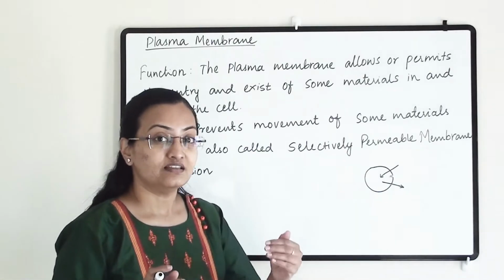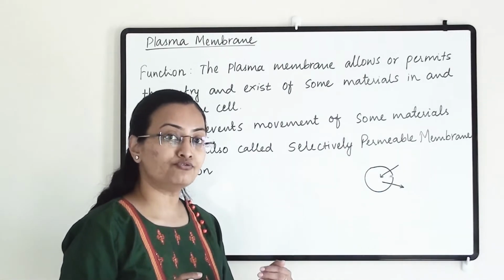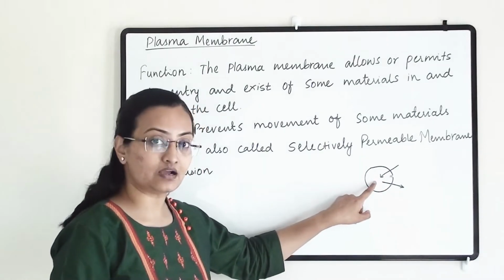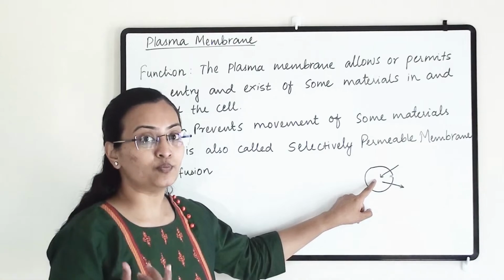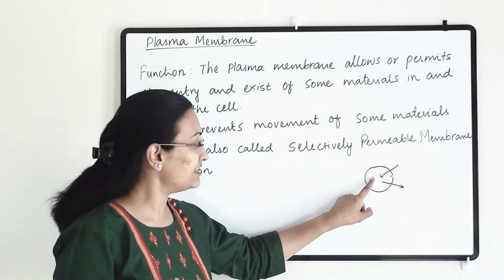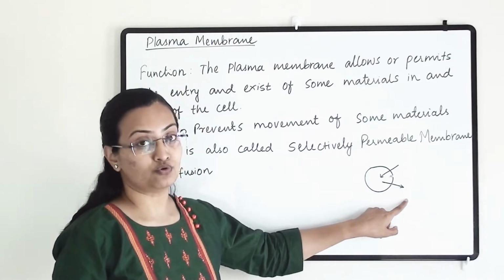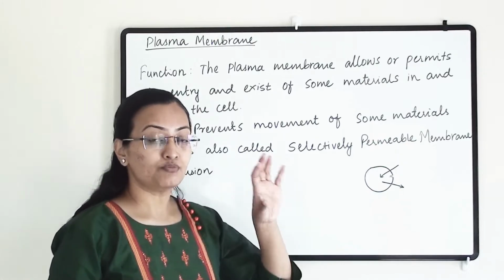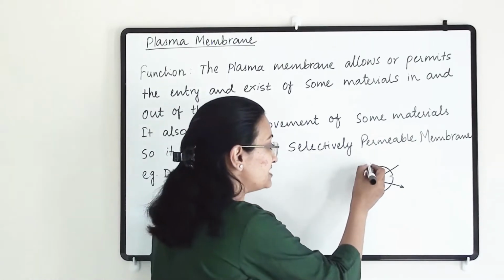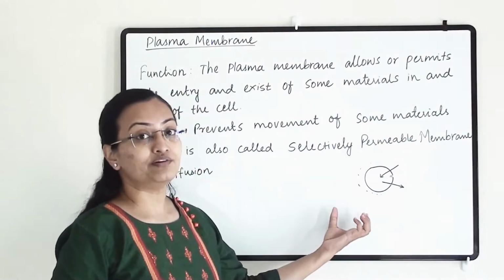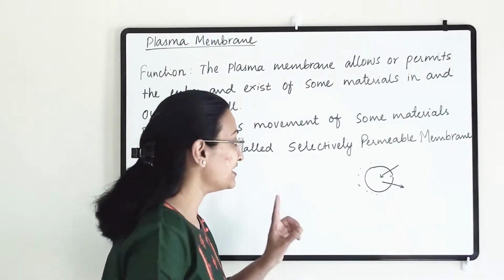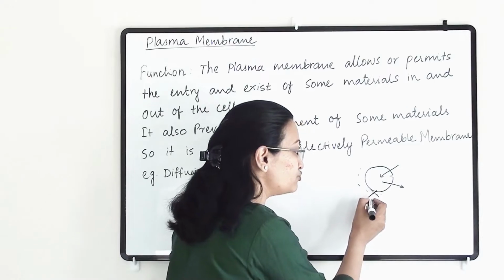If those materials are important for the cell, then only they can come inside, and if some waste is accumulated inside the cell, then it will send it outside. If some of the material present outside the cell is injurious or dangerous for the cell, then it will not permit it to go inside.